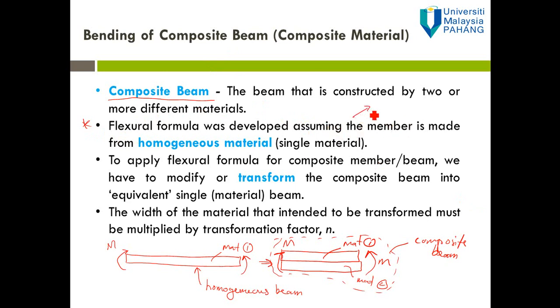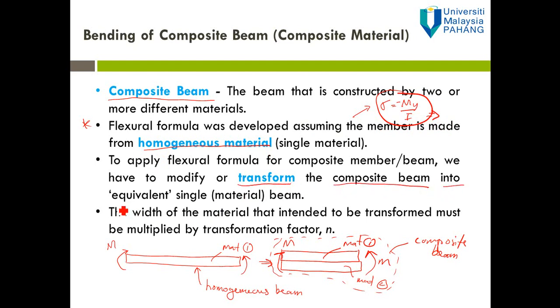So the flexure formula, sigma equal to My over I, that was previously derived, assumes the material is homogeneous. If the beam is made from two or more materials, we cannot straight away apply this formula.